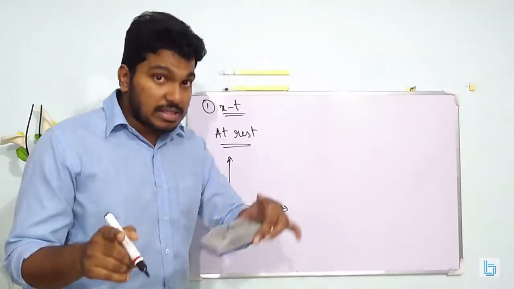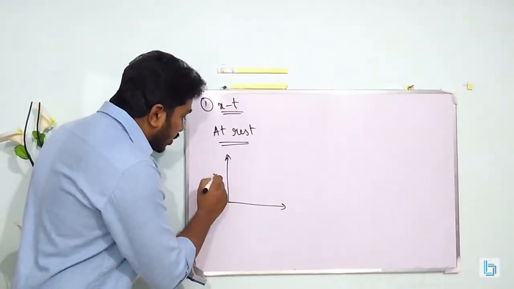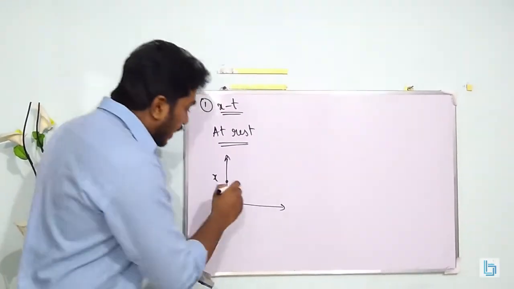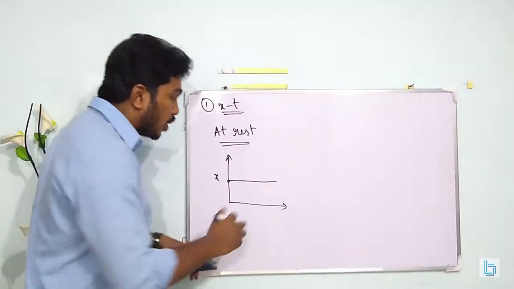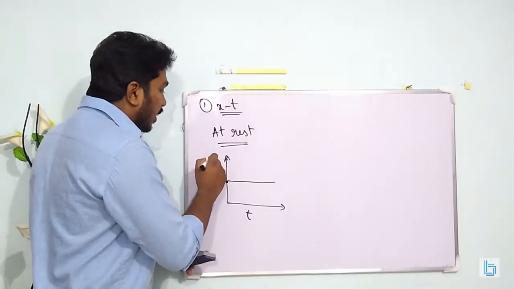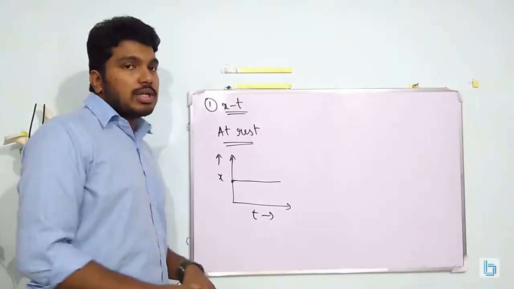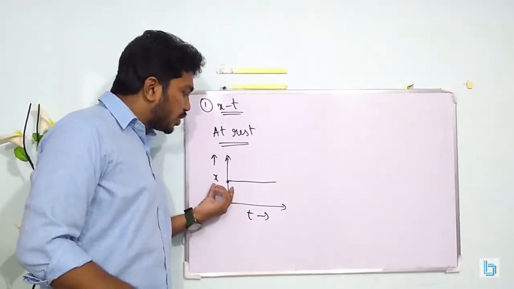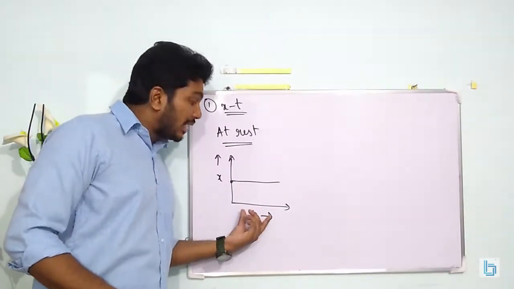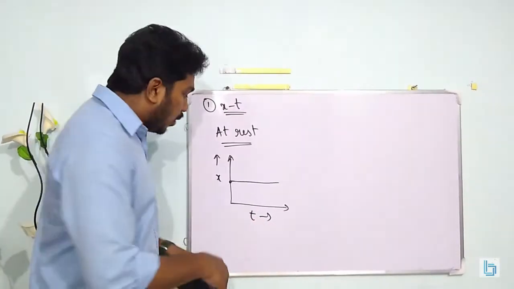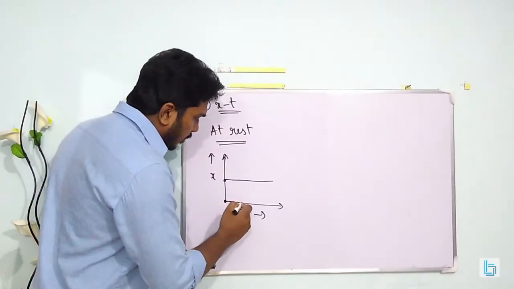Suppose initially the body was over here, then as the time progresses, the body's position is not changing, it remains constant with respect to time. Time passes, but the position of the object is not changing. So it is a line parallel to the time axis. Now we can also draw it like this, no problem.